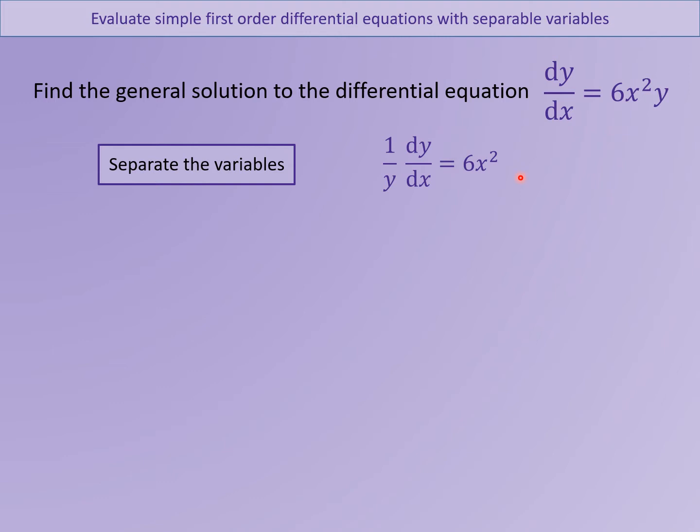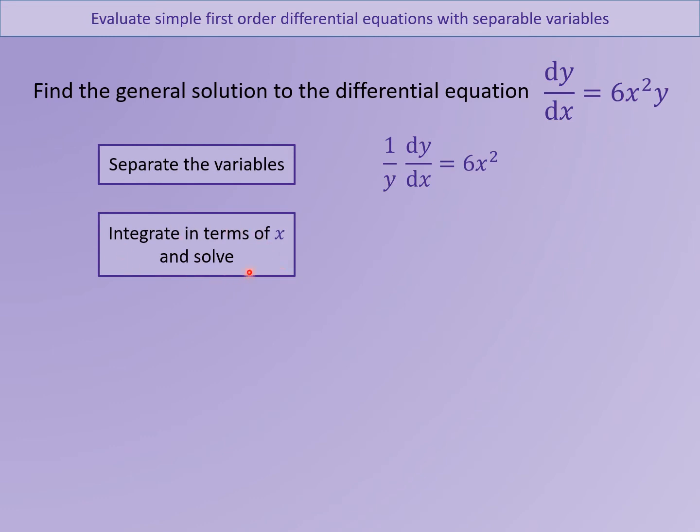I know it's very easy to think we can separate out this dy and this dx as if it's just a normal fraction, but mathematically that's not quite correct. So it's better to leave it as dy over dx just here. Once we've got it as dy dx, we can now integrate both sides in terms of dx. That's why it's important to not just separate these two out, because you're integrating both sides in terms of x.